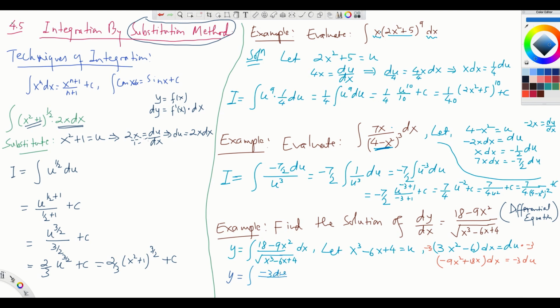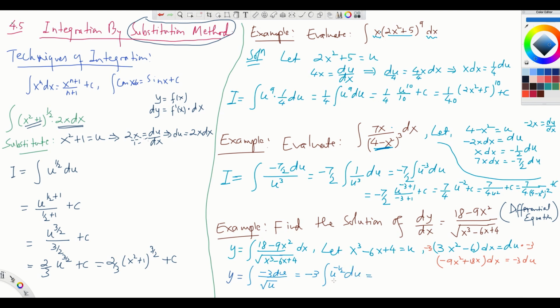And in the denominator there is root u. So how do I write that? Let me pull that negative 3 out and move that to the top, u to the negative 1/2. You see that? Because root u is u to the 1/2, and then du.